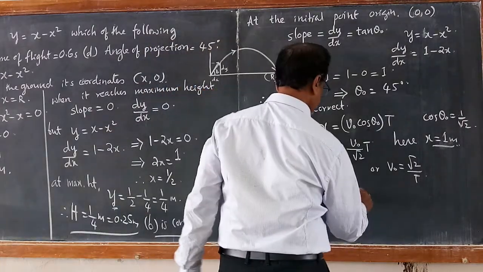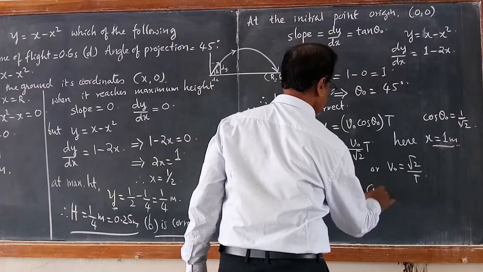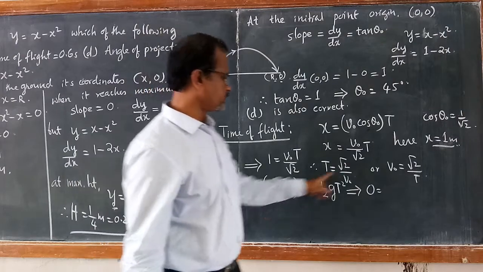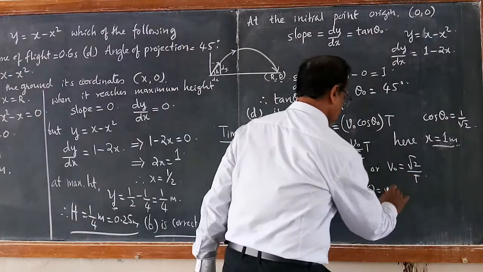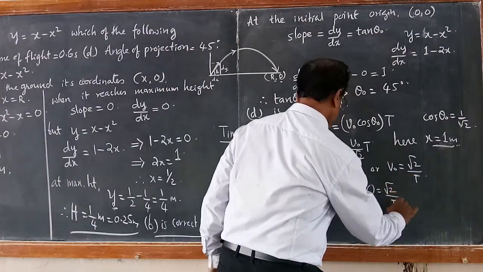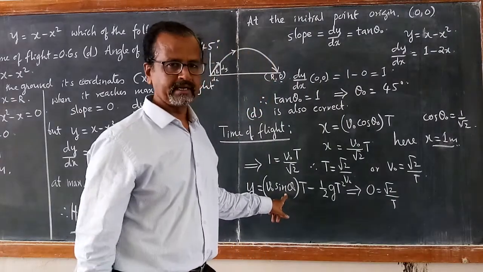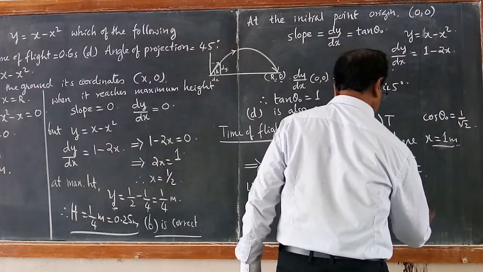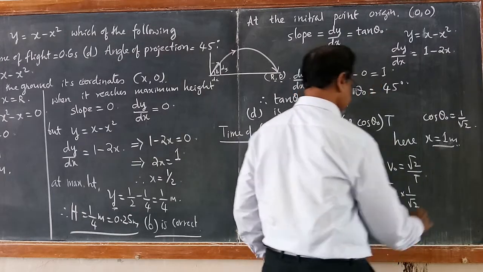So if you substitute, 0 equals v naught, and v naught is equal to root 2 by t, root 2 by t into sine 45. Sine 45 is again 1 by root 2, into t.